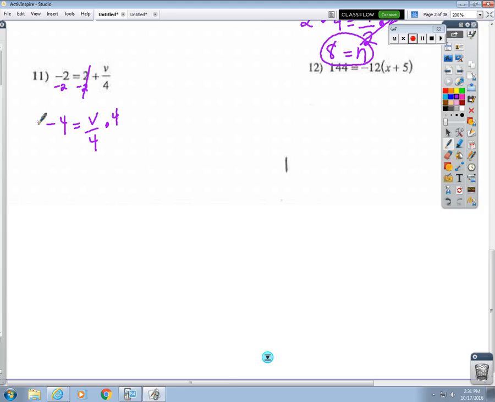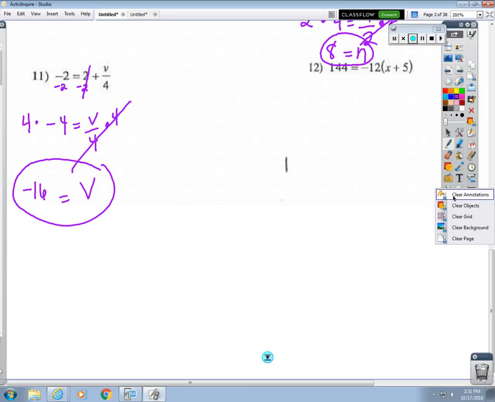Right. And so v equals, no, we're multiplying. Negative 16. Guys, you see now why it's so important to plug your answer back in and check it? See how people can easily make mistakes?